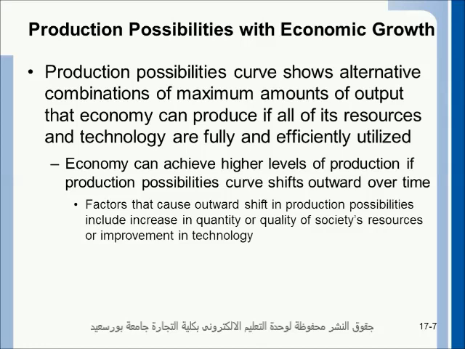Factors that cause an outward shift in production possibility include an increase in quantity of resources or quality of society's resources, or improvement in technology.